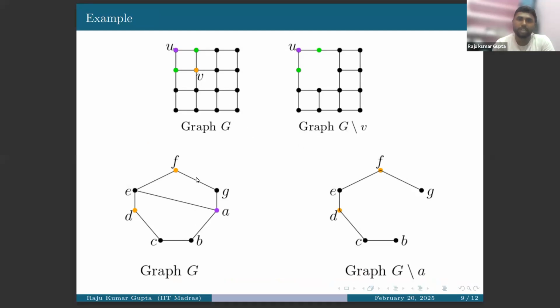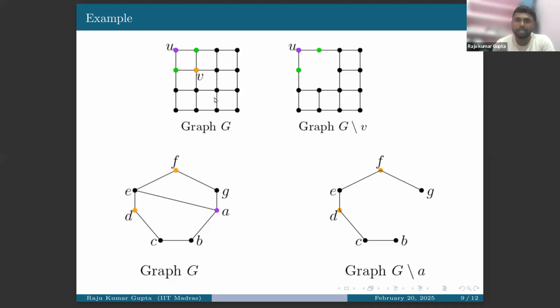For this situation, we have these two examples. In this grid graph, we can see that if we remove all the adjacent vertices of this orange color vertex V, then we will obtain a disconnected graph with a singleton vertex U. So the independence complex of G minus the closed neighborhood of V will be a simplicial complex with a cone vertex U. And since there is a cone vertex, this independence complex will be contractible.